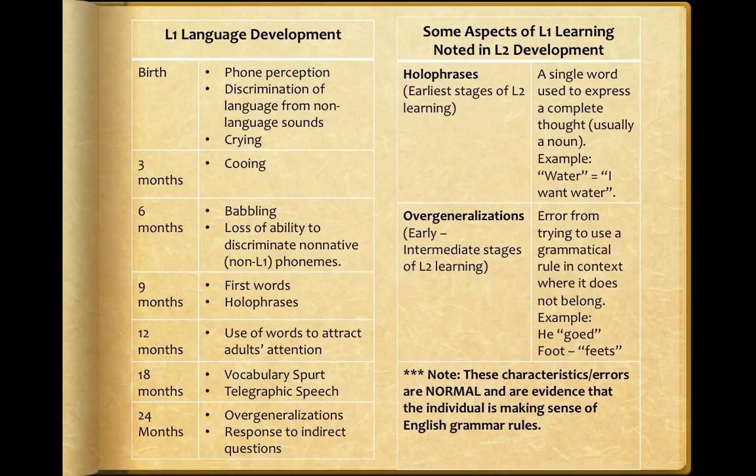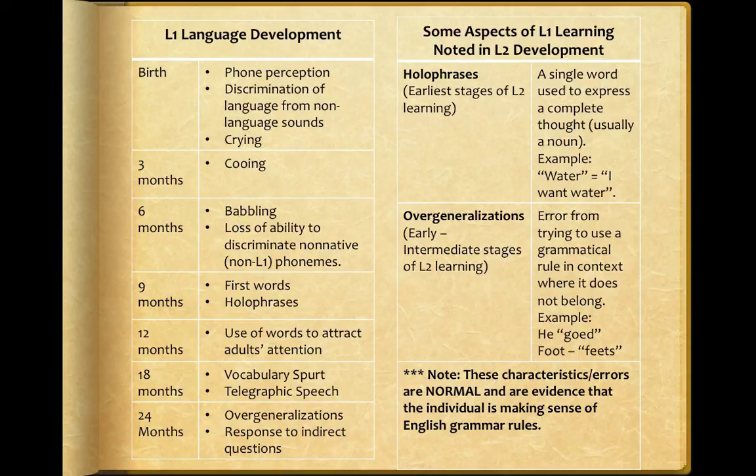They start talking telegraphically, kind of like a telegraph, like "me want water," things like that. By 24 months, they start making overgeneralizations. That's when you apply grammatical rules incorrectly.